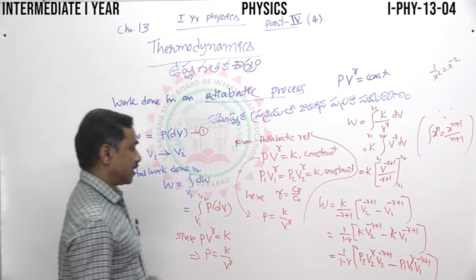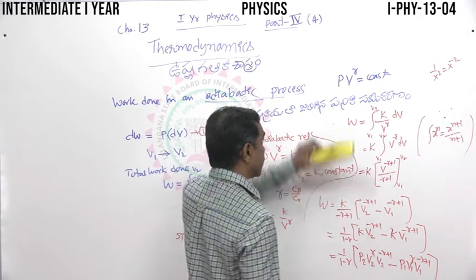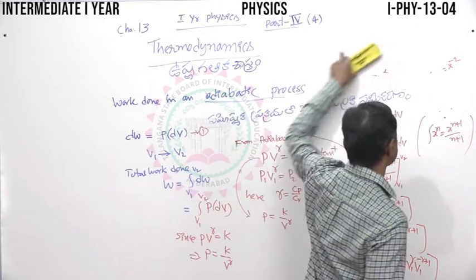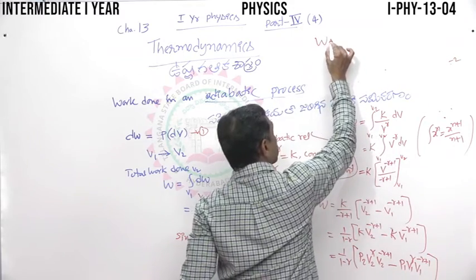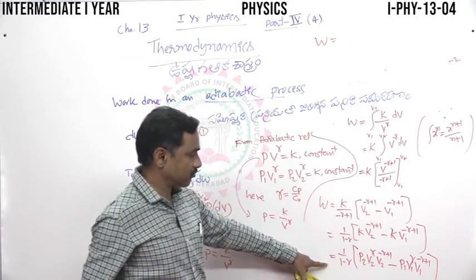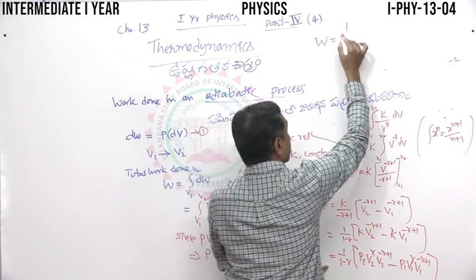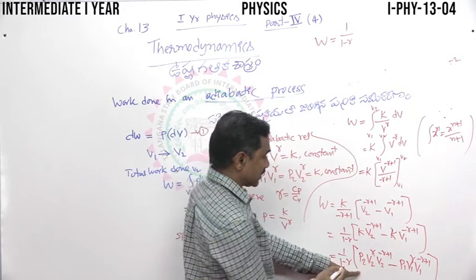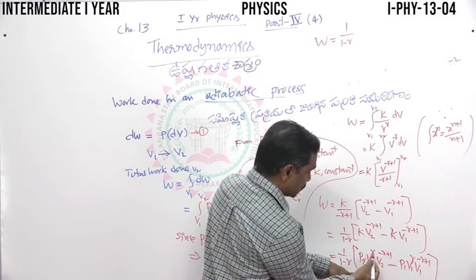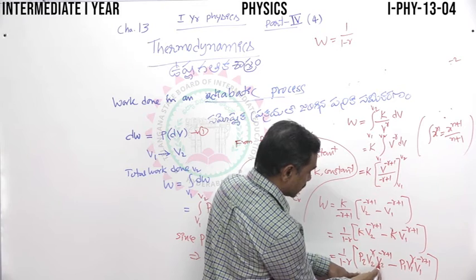I doubt whether it's visible clearly or not, so I use this upper portion. Observe here the total work done in an adiabatic process, W. It is 1 divided by 1 minus gamma, and within the bracket, see here V2: the base is the same, so the powers are added up.